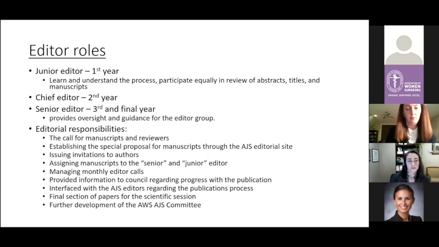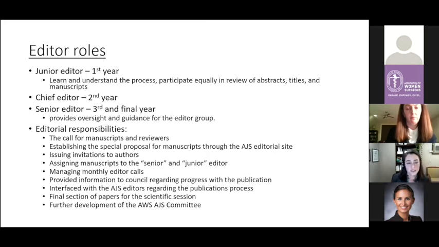Just for a little clarity for those of you who are new to the process, there are 3 editors. So there's the first year editor who's really learning and understanding the process and participates in the review of the work. The second year editor is the chief editor, and then the senior editor is that third and final year providing oversight and guidance after those 2 years of previous experience.